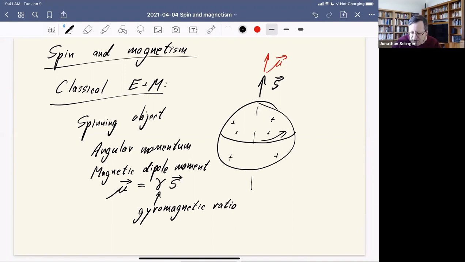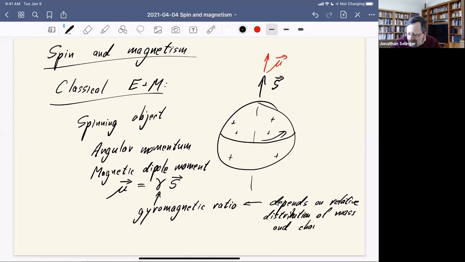So what determines that gyromagnetic ratio? Well, it depends on the relative distributions of the mass and charge.